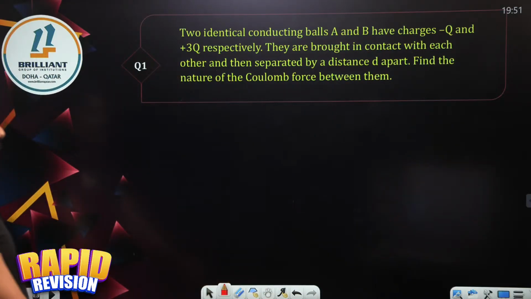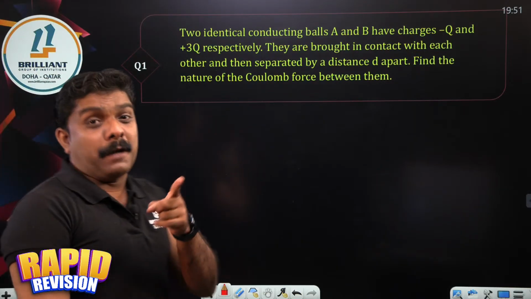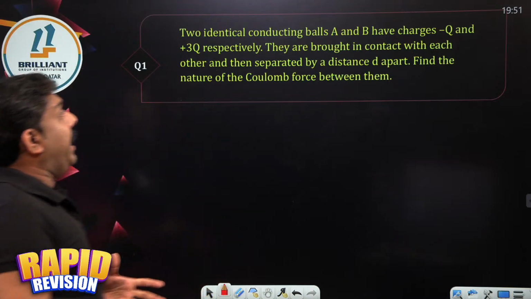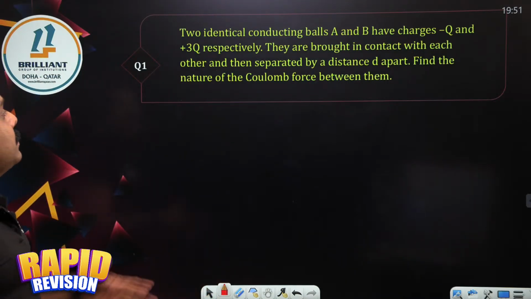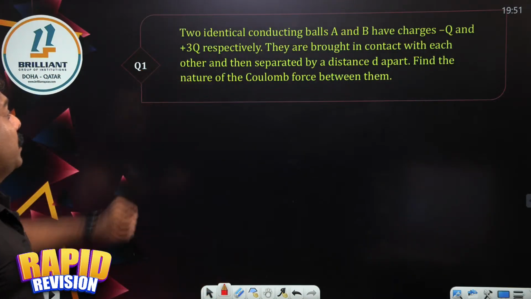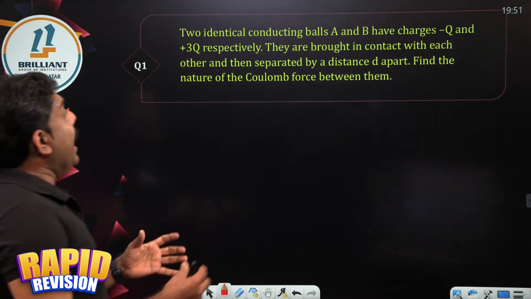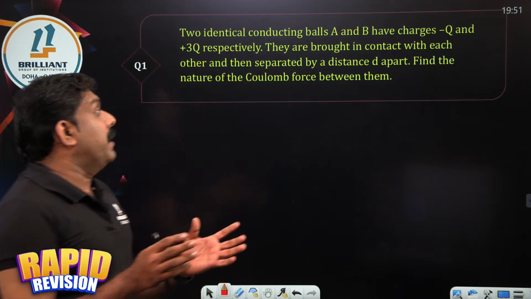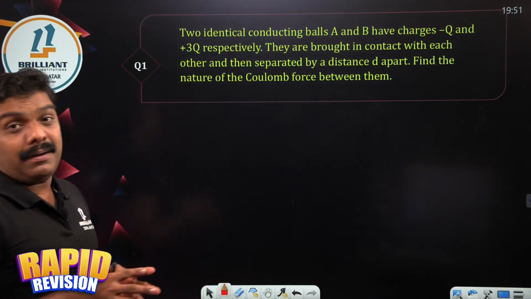So the first question, from chapter 1: two identical conducting balls A and B have charges minus Q and plus 3Q respectively. They are brought in contact with each other and then separated by a distance d apart.